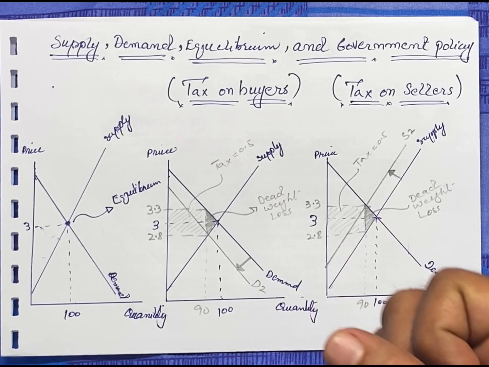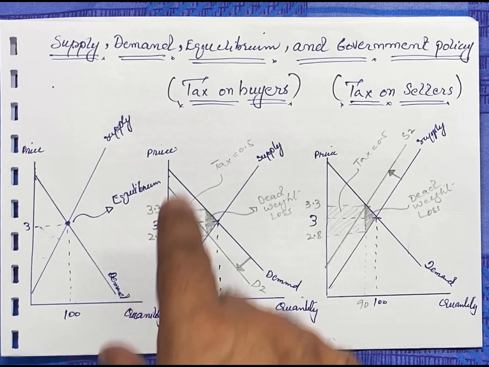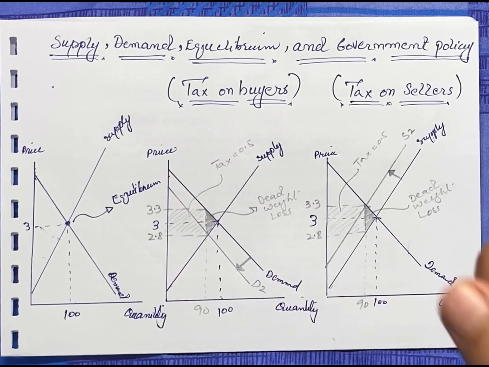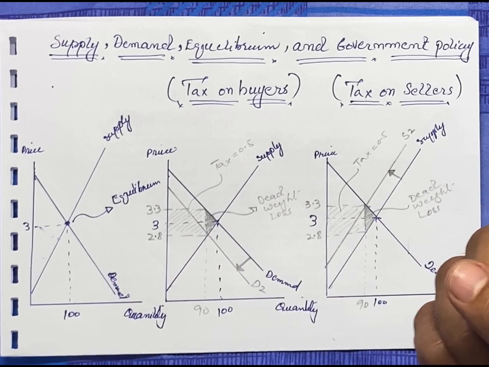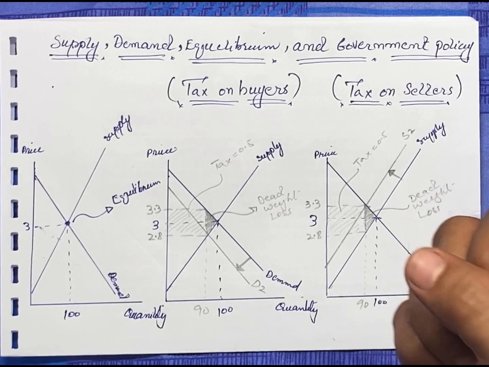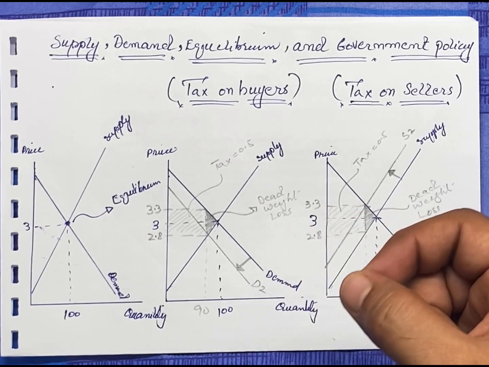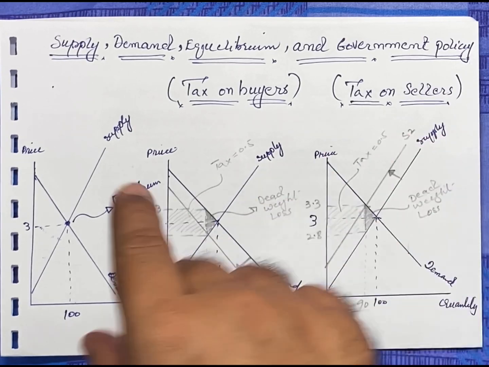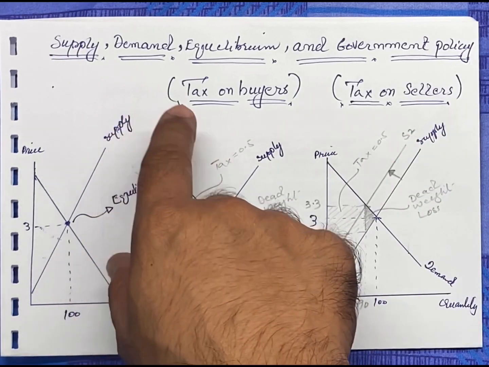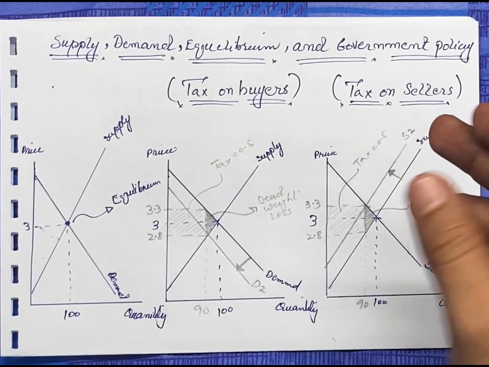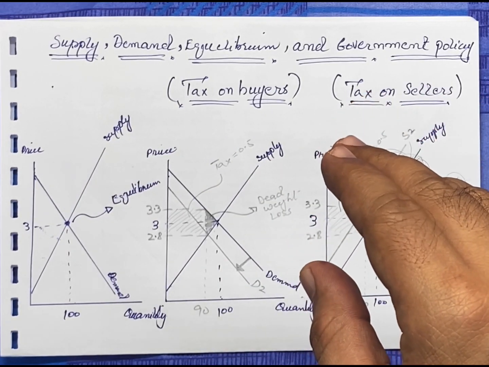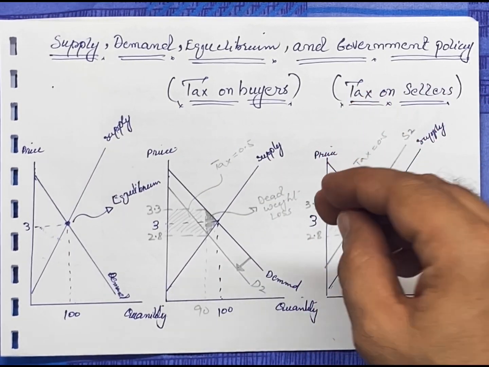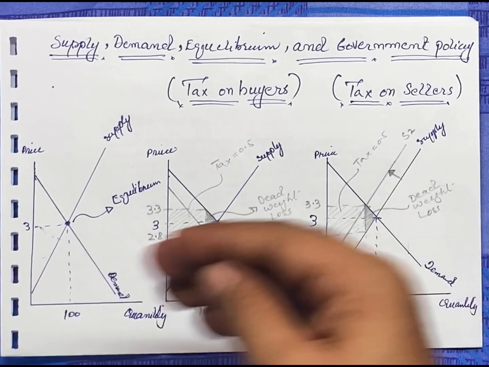You can see that whether government imposes the tax on the buyer or the seller, ultimately the damage is for both. The buyer will pay 3.3, the seller will receive 2.8. So whether government imposes the tax on the buyer or the seller, the price will shift to 3.3 again and again.